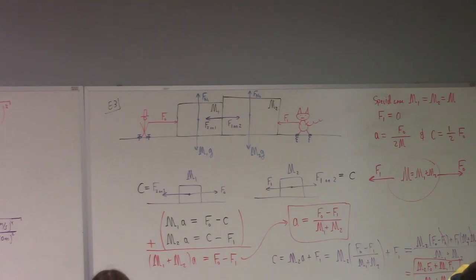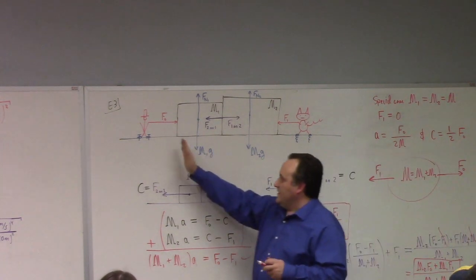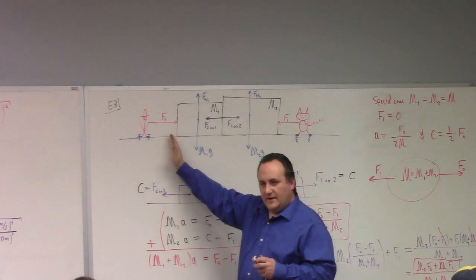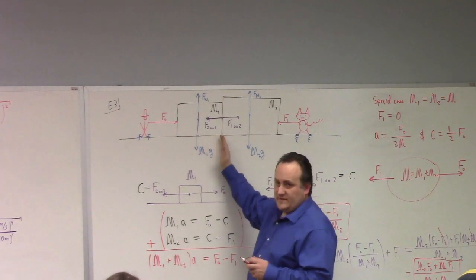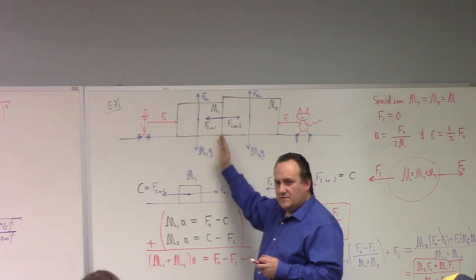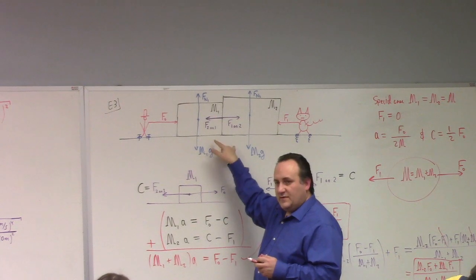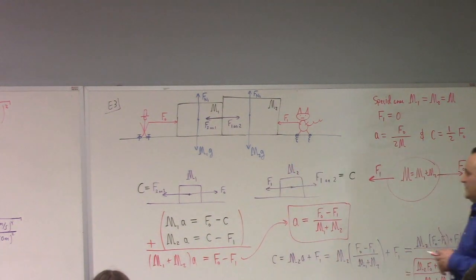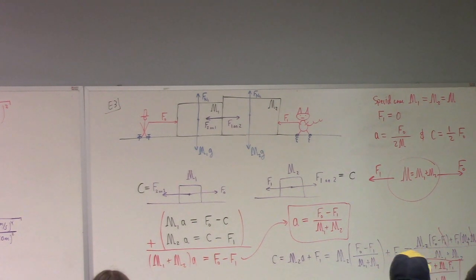So that's what happens. When you push on one box with a force of F naught, it doesn't mean that the whole F naught force pushes on the next box. Just a half of it pushes on the next box if the boxes have equal mass. However, if the boxes have unequal mass, it's a different story.